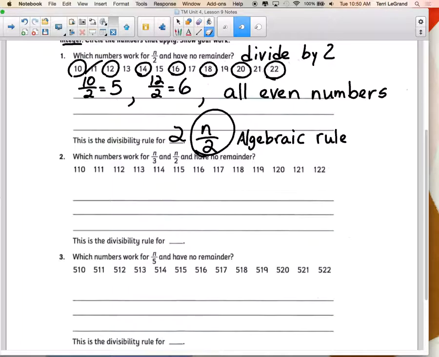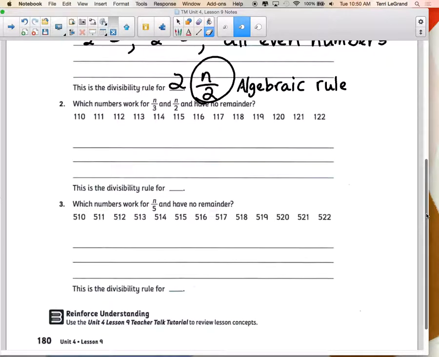Okay, what is this next one? It says, which numbers work for n divided by 3 and n divided by 2, and have no remainders. What is this the divisibility rule for? It has to be divisible by 3, and it has to be divisible by 2. Danny? This is the divisibility rule for 6.